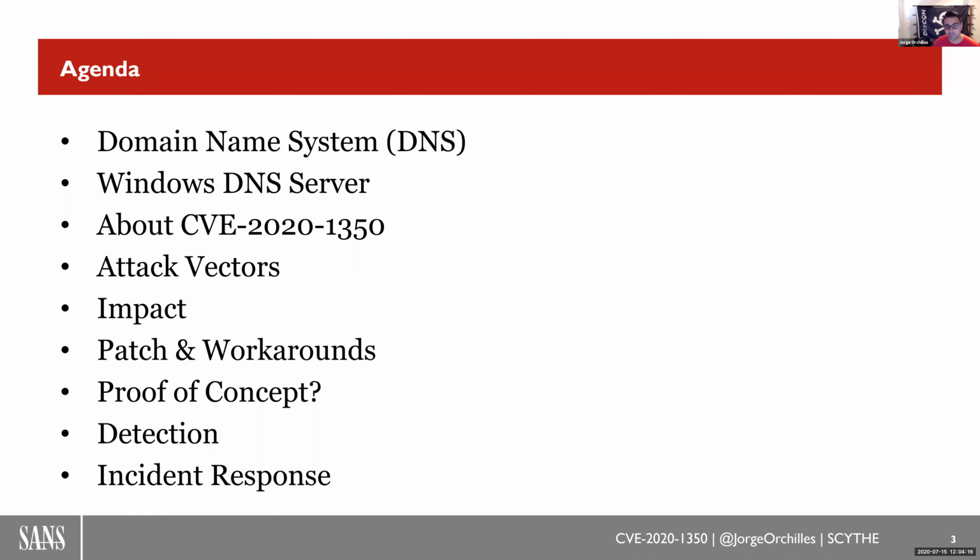We're going to talk about this vulnerability at a high level. Then we're going to deep dive. Now, if you're not that technical, that's okay. We're going to deep dive it for completeness. We're going to talk about what this exploit will probably look like. And then if you're not technical, that's fine. We won't spend too much time on that. We will cover the impact, how this will impact your organization, the patch and the workaround, proof of concept, question mark at the end.